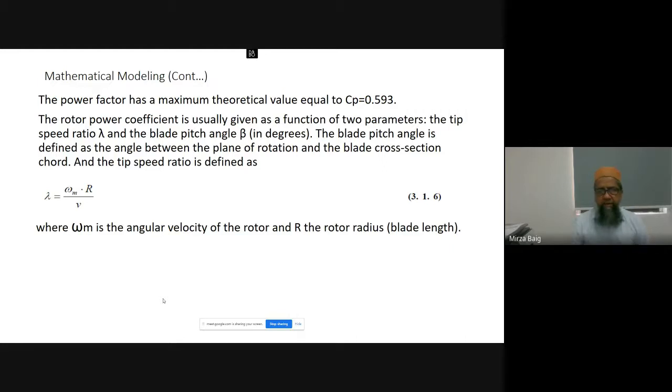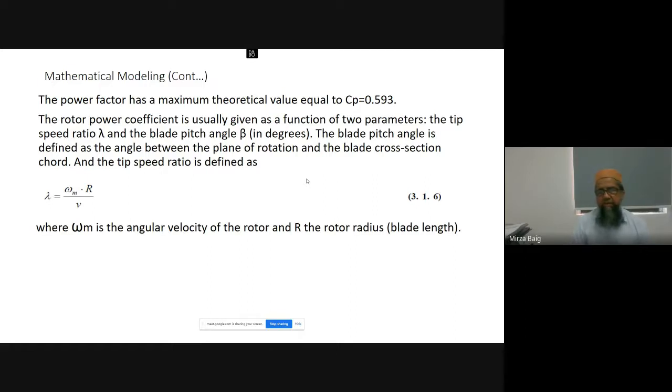And there are other coefficients. One of them is the blade angle, which is called beta, the pitch angle. It's defined as the angle between the plane of rotation and the blade cross-section chord.